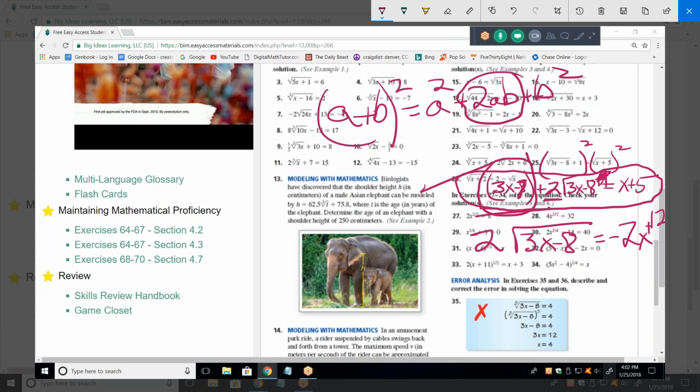Okay. Now what's the next line? The square root of 3x minus 8 equals negative x plus 6. Okay. Now what's the next step?